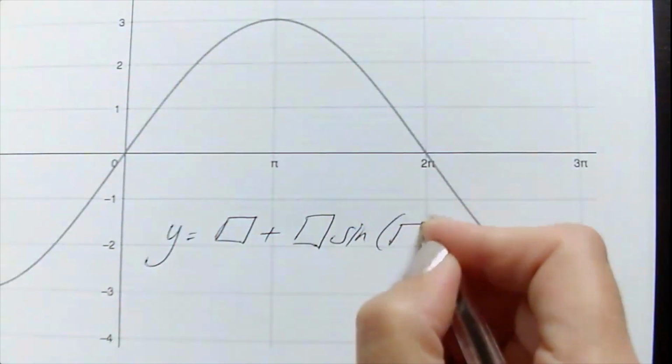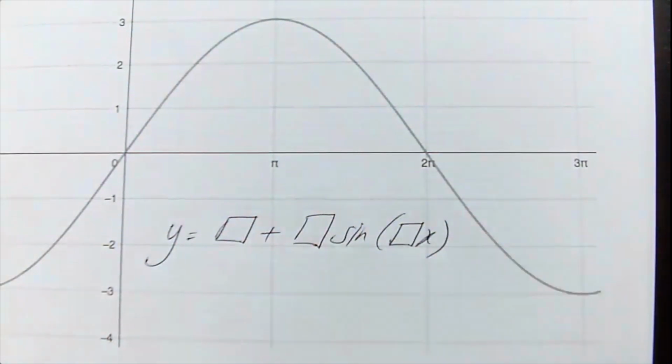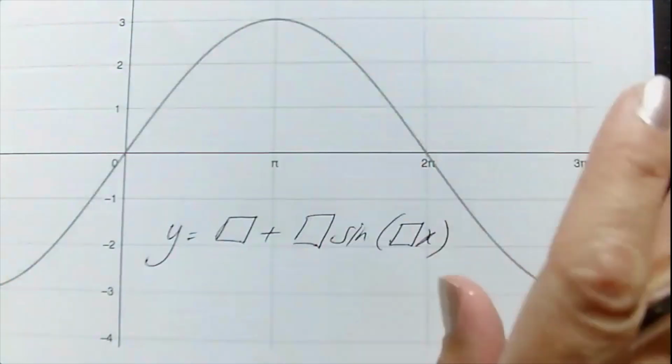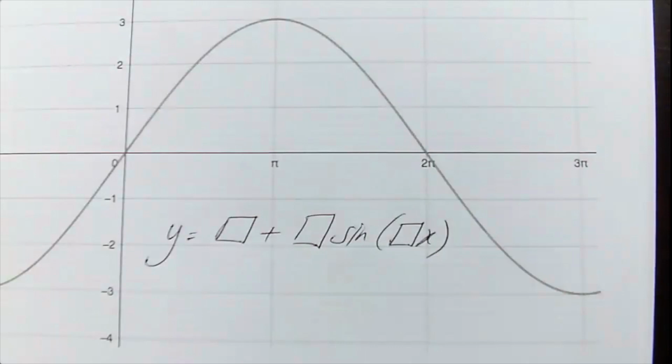Now, let's have a look. Although I've only got some of the graph here, I do know how it's going to continue on. So I can imagine what's going to happen here, and I do have enough to analyze this.